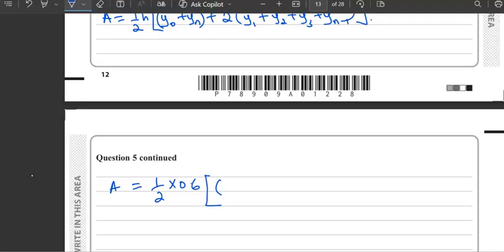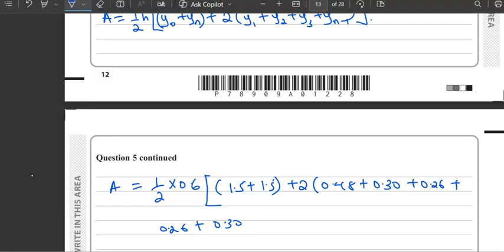The endpoints in this case are, from what we have up there, 1.5 plus 1.5, then plus 2 into the remaining middle values: 0.8 plus 0.30 plus 0.26 plus another 0.26 plus 0.30 and plus 0.48.